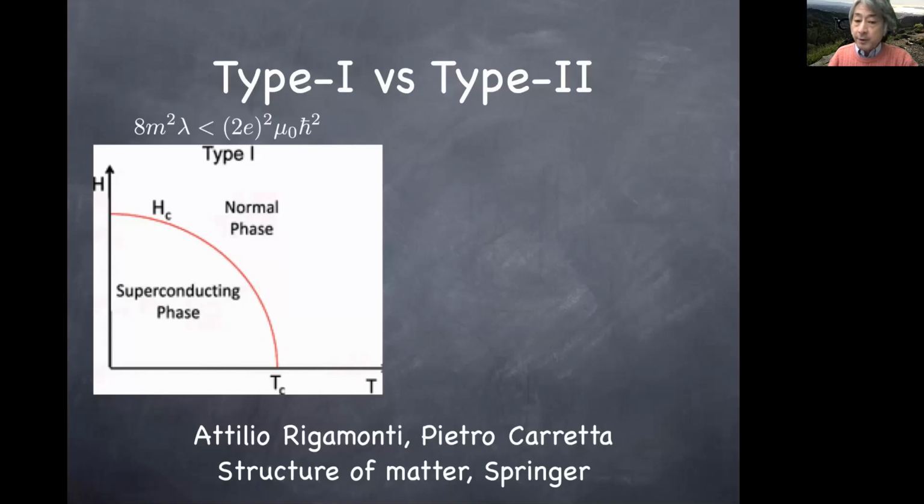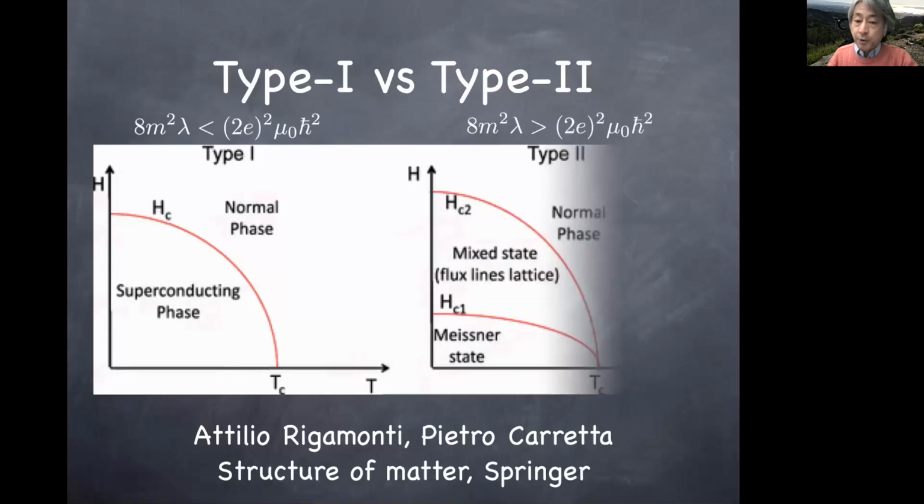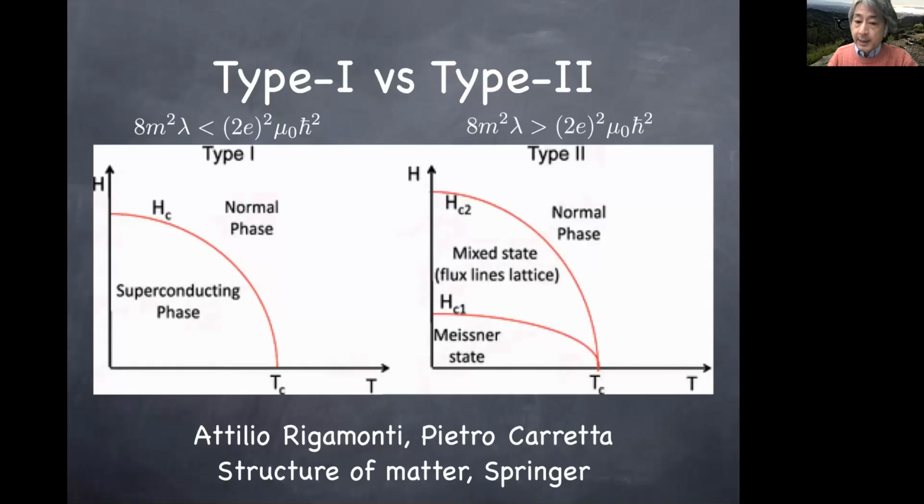But according to Abrikosov, there can be a different type of superconductor called type 2. Namely, you start with a state that doesn't have any magnetic field going through it. Magnetic field is being expelled. It gets only into the skin of the material on the surface.